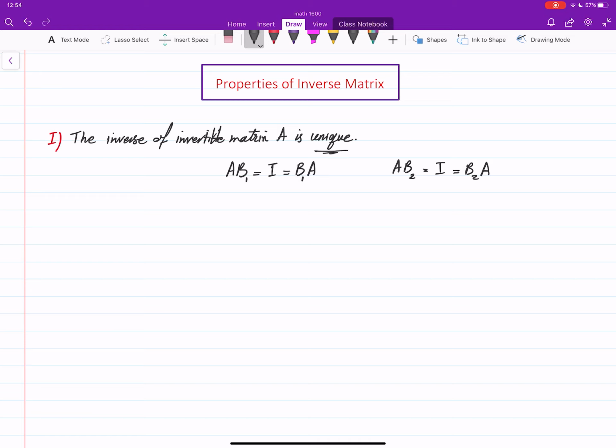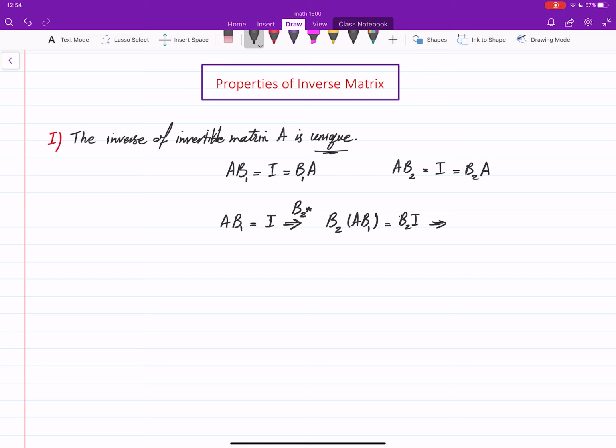Okay, so why is that? Just let me show you. This is B1, the inverse, yes. Then you can multiply both sides by B2 from the left. So it means that B2 times A times B1 is going to be equal to B2 times identity.